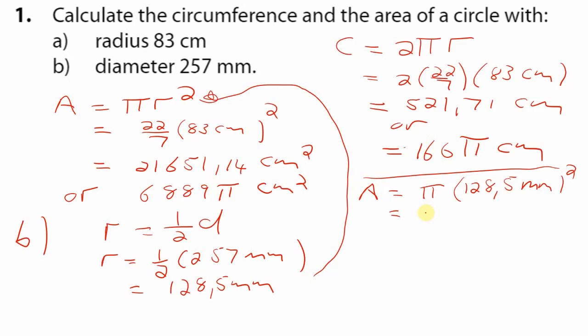Use your calculator, it will give 16,512.25 pi millimeters squared.